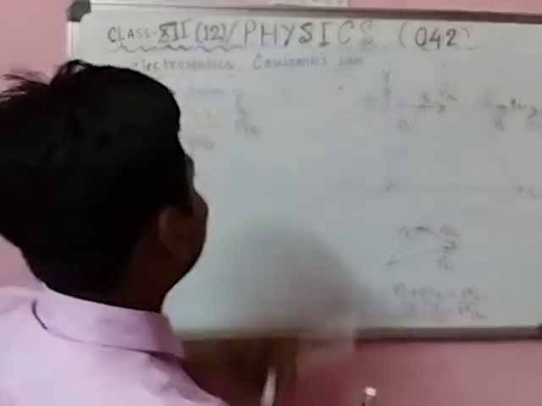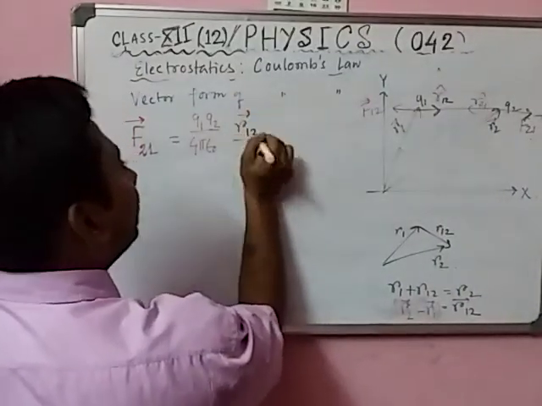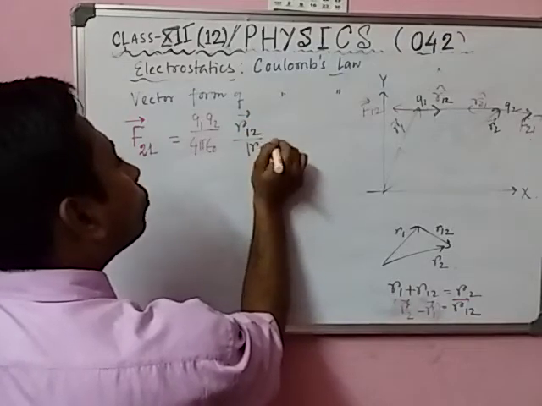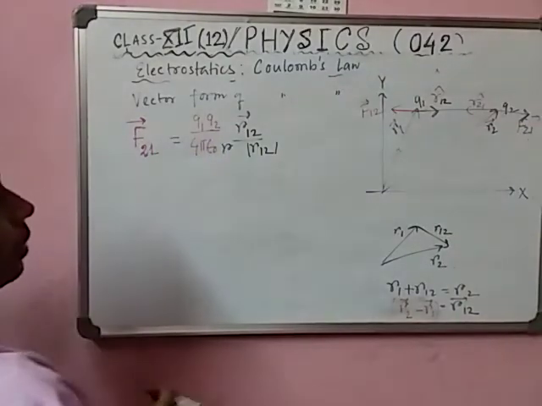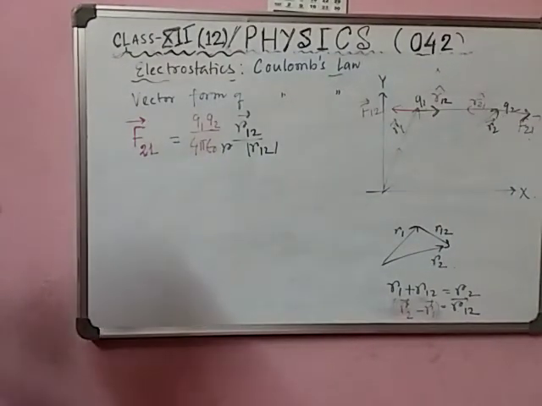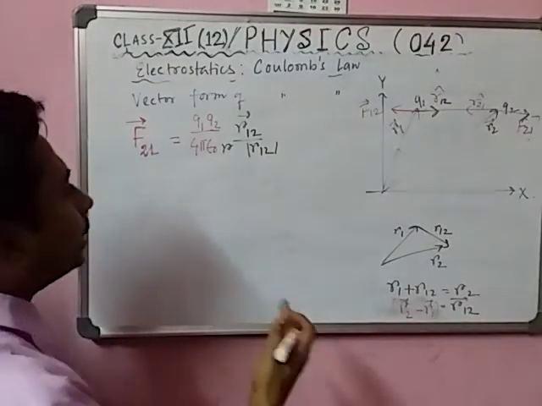Now, in place of the unit vector, you can write vector R12 by mod value of R12, and here also an R vector, so you can write R cube. Mod value of R12 means R cube.